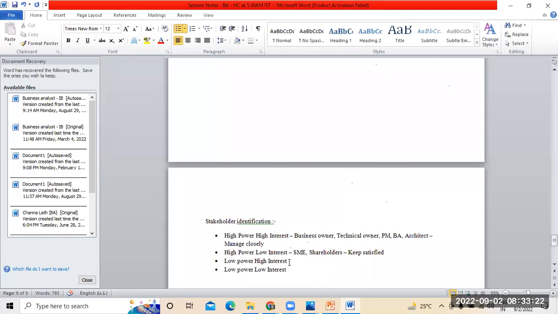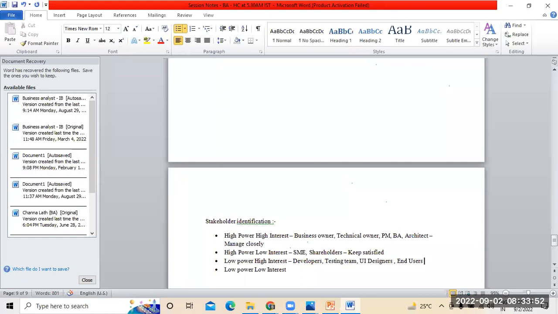Now, third, low power and high interested people, especially developers, testing team, user interface designers, next end users, right?